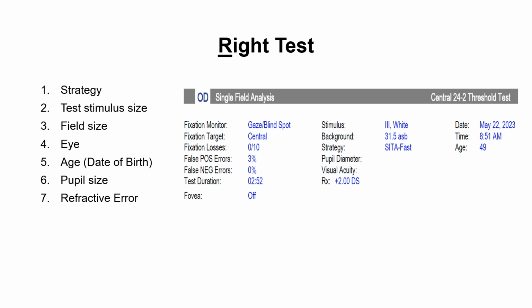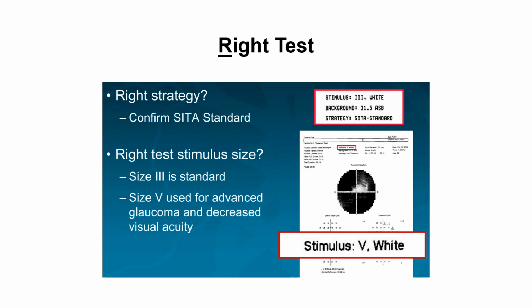Okay, so we'll confirm the right strategy by confirming SITA Standard. As we said, SITA Fast is not recommended for patients with glaucoma because it can underestimate the scotomas. So ideally it should be SITA Standard, the Swedish Interactive Threshold Algorithm.